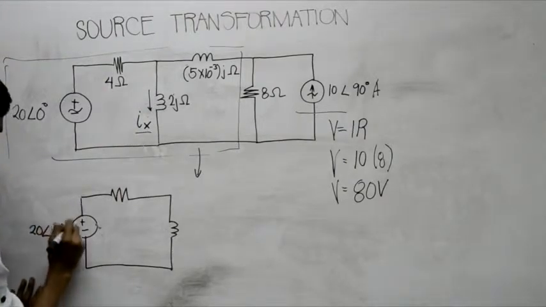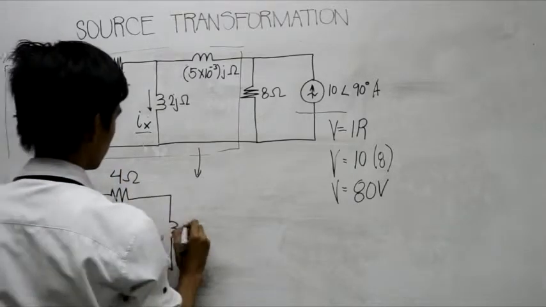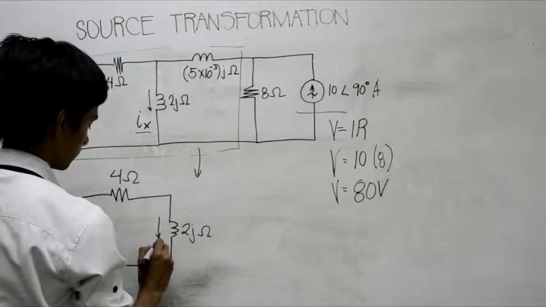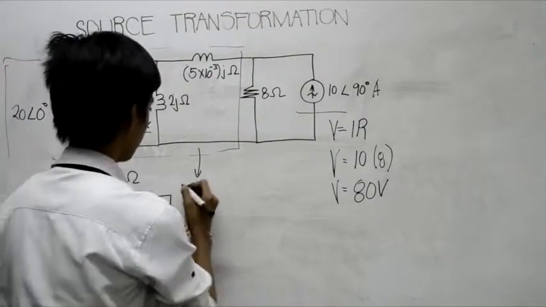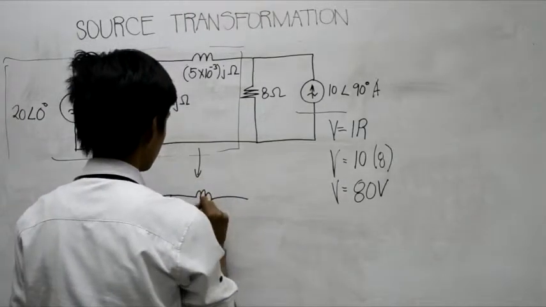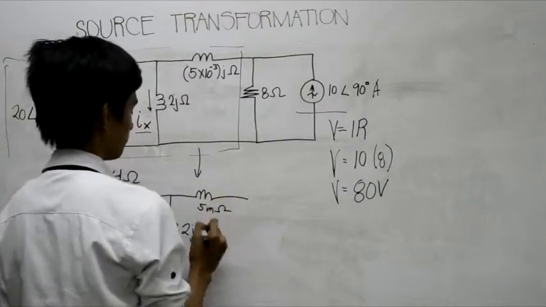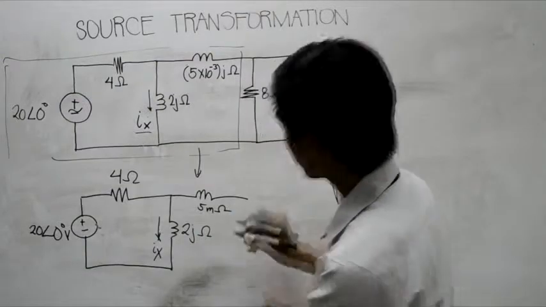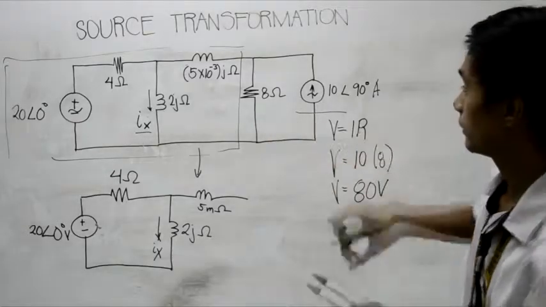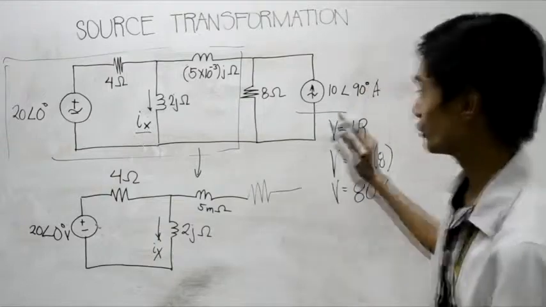We have 20 angle 0 degrees volts. We have here 4 ohms, and then 2J, and the missing current Ix, and then another inductor with 5 milliohms, and then this time the 8 ohms that we have here should be in series with respect to the circuit, with respect to the source.